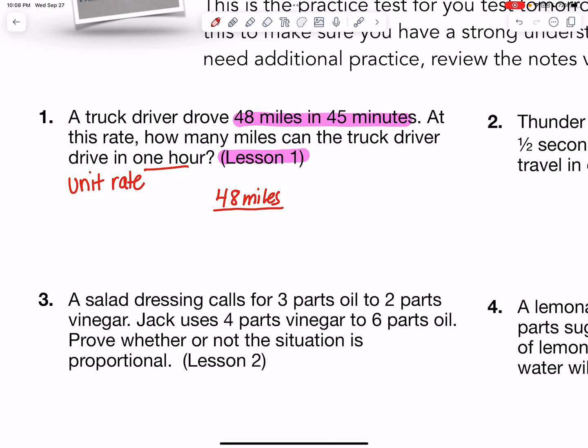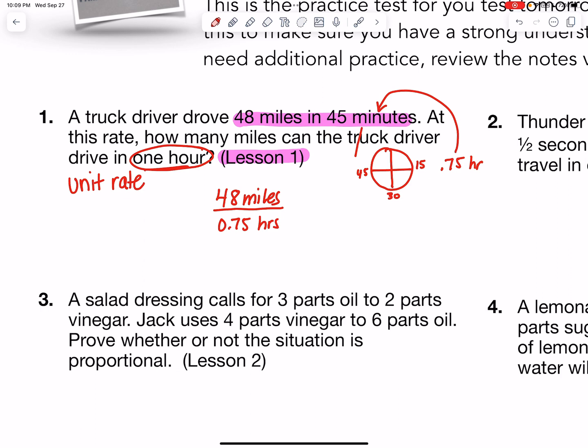Since it's asking about an hour, I have to be a little bit careful. Remember, 45 minutes, if I'm thinking about a clock, is 15, 30, and 45. That's 3/4 of an hour, or 0.75 hours.